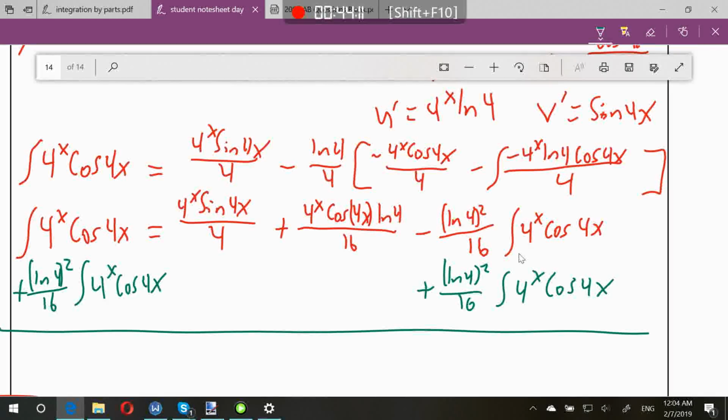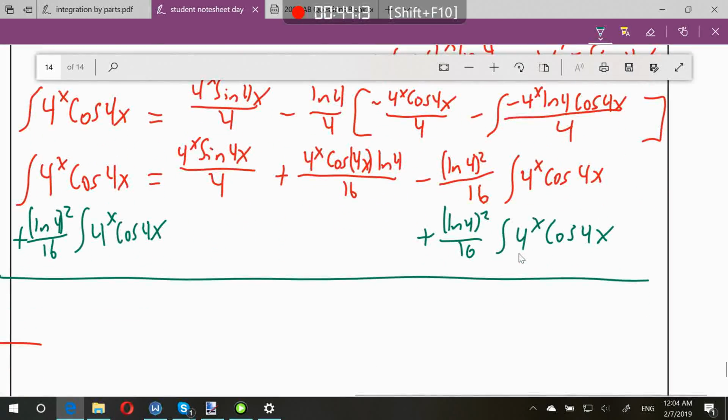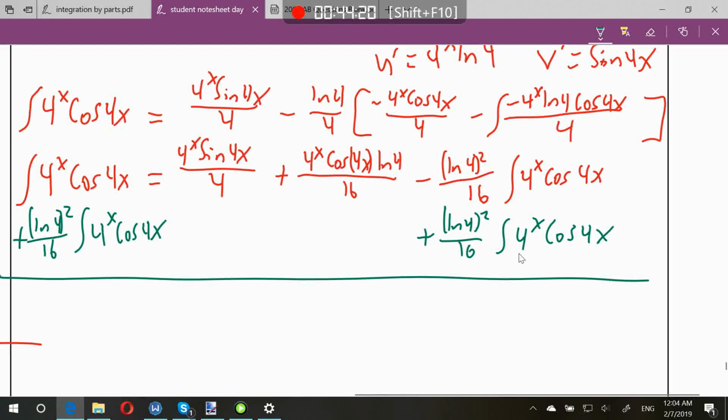Okay. So to give myself a common denominator, this was 1 times what I had originally, which is the same as 16 over 16. So if I add these together, I should get 16 plus ln 4 squared over 16 times our original function.